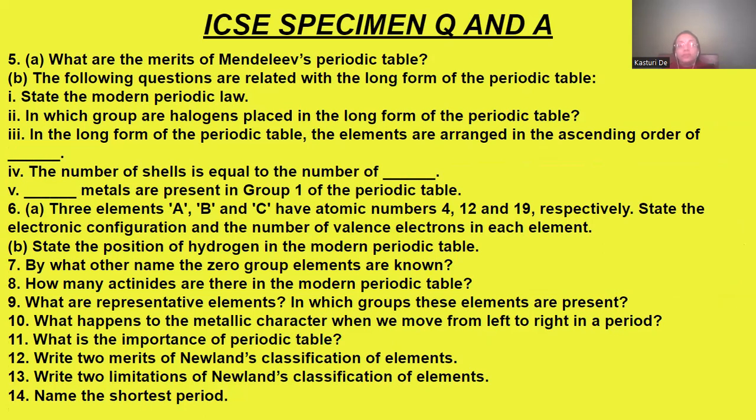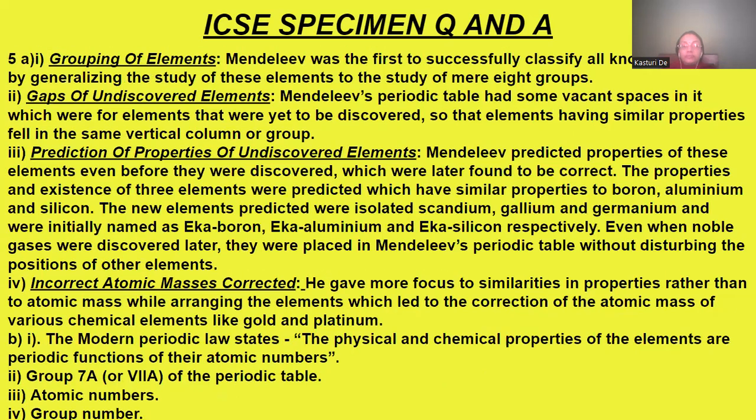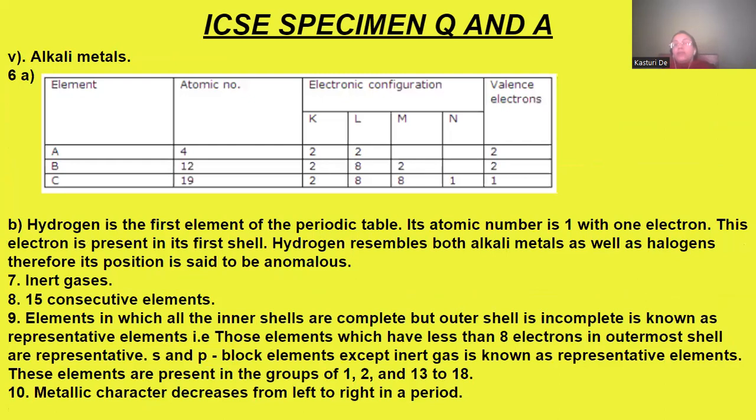Then what are representative elements, and in which groups are these elements present? Representative elements are those in which all the inner shells are complete and only the outer shell is incomplete. Those elements which have less than 8 electrons in the outermost shell are known as representative elements.